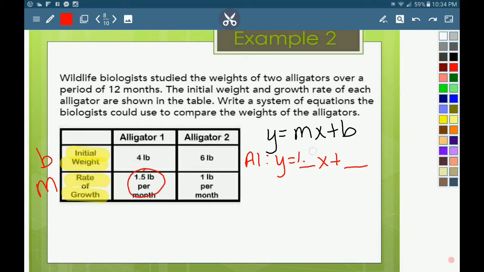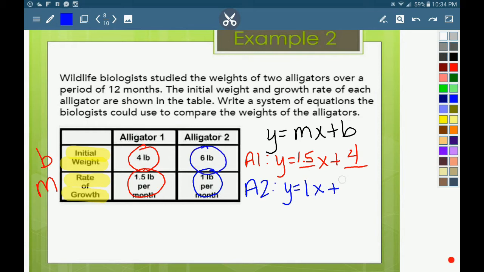So I'm going to fill that in, 1.5 for m, and then the b is 4. So there's my first equation. Now the second equation is going to represent the second alligator. So A2, their equation is going to be a slope of 1. So y equals 1x plus their initial value is 6.